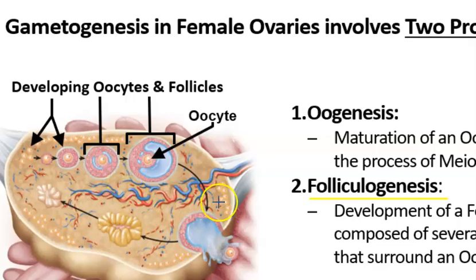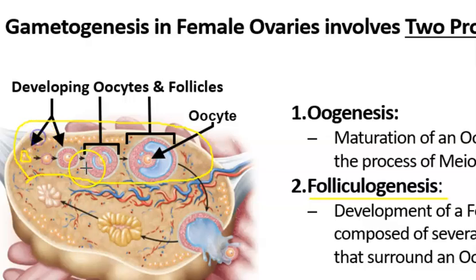And in the diagram on the left, you can see that the cortex is the site where the primordial germline cells are located that can become oocytes. As the oocytes mature, they're shown as yellow.